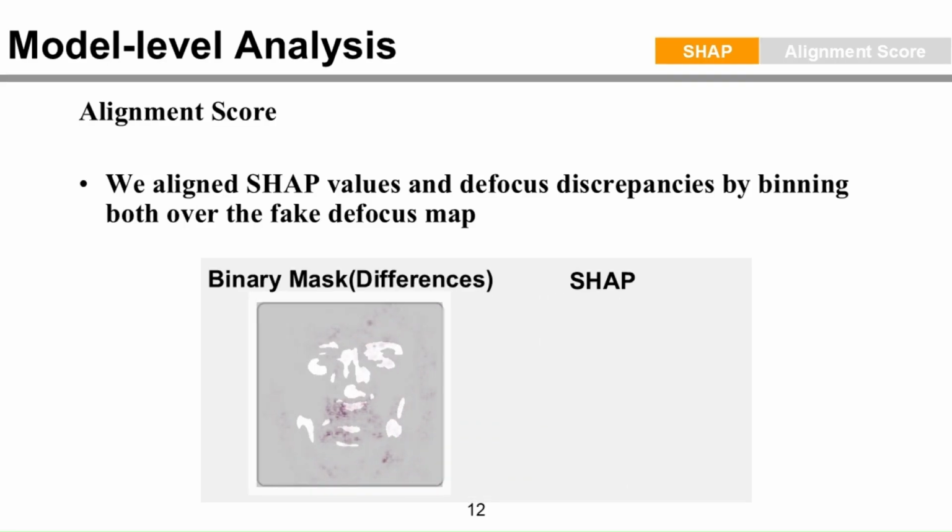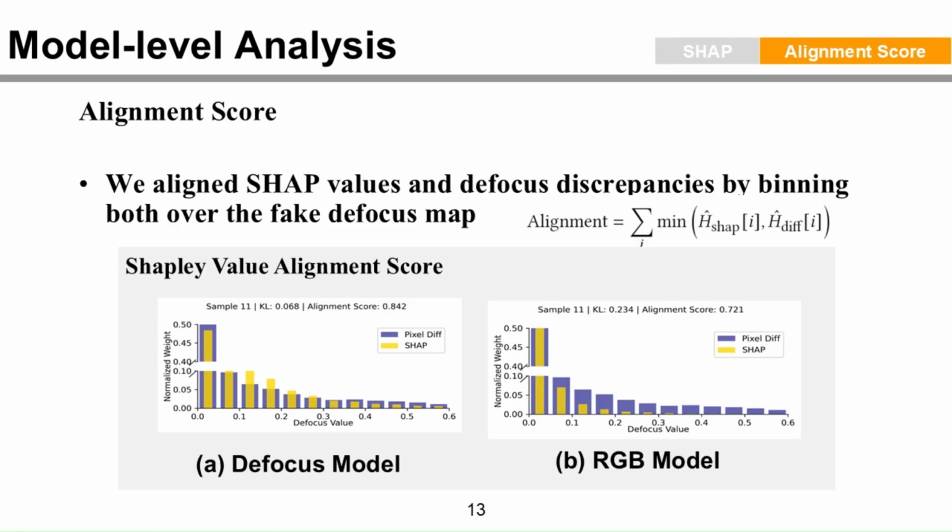The image you see here can be represented by the following graphs. As you can see, the x-axis is a defocus value grouped into bins of 0.1. The y-axis is a pixel count shown as a normalized weight. We use this because the SHAP map and the binary mask have different total pixel counts, and this is essential for a fair comparison.